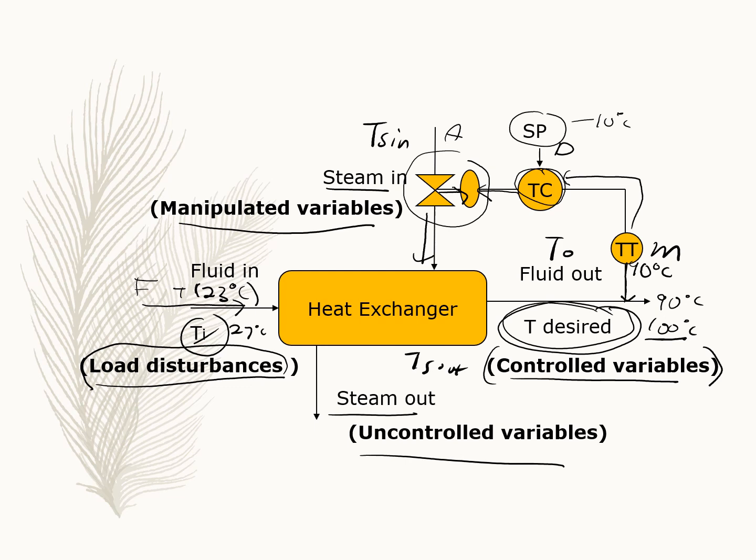So all these four are variables. The steam out is categorized as an uncontrolled variable because it doesn't give any effect to the system. So the control variable is this variable. This is the main control objective. The T steam in is our manipulated variable, and the disturbance is the fluid in, the temperature Ti of the fluid in.